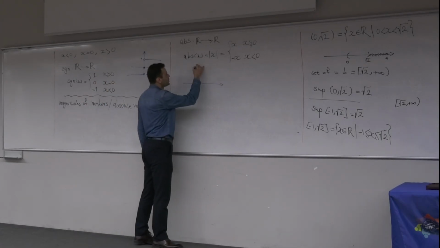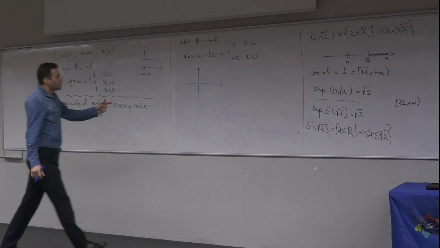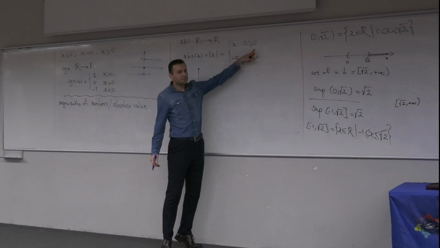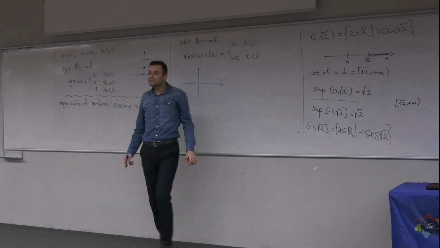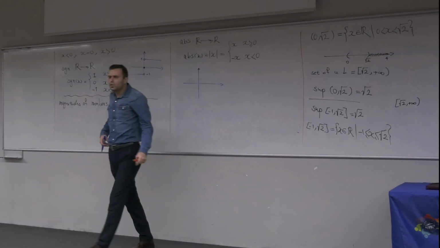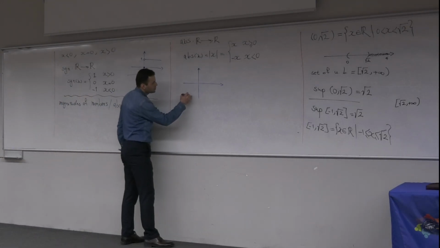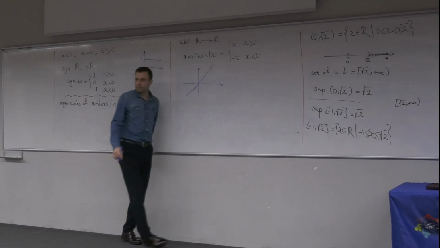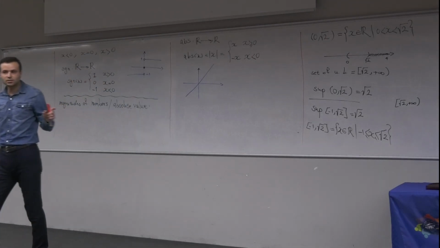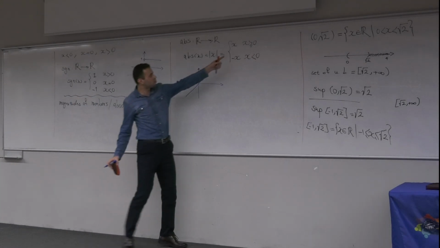Again, if you have this, what should we do? When x is greater than or equal to 0, we are drawing which function? Y equal to x, right? What was the graph of y equal to x? This is the graph of y equal to x, right? Yes. But I need to look at it in which place? When x's are greater than or equal to 0.